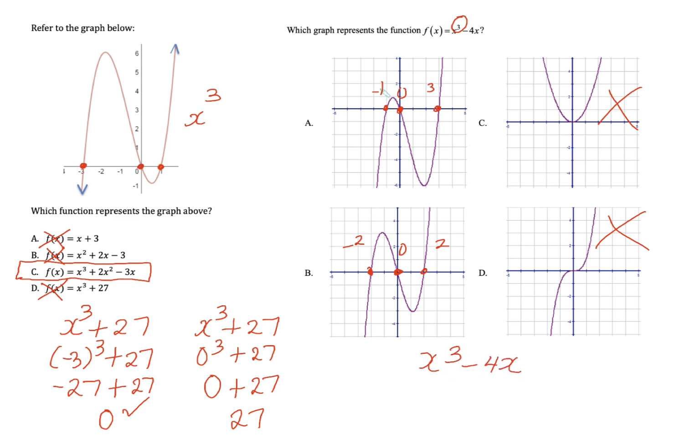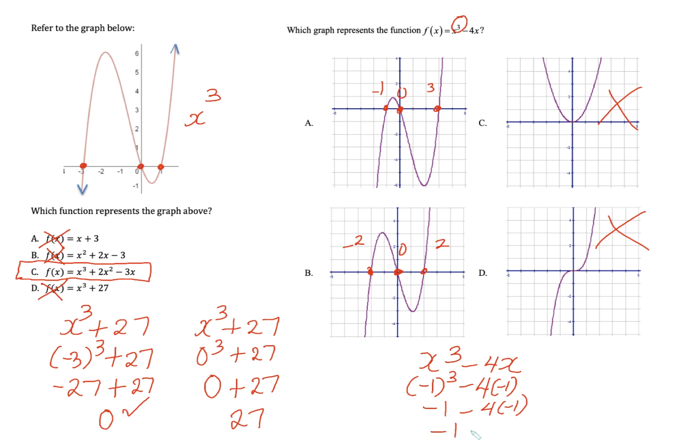I'm going to start with A. So wherever I see x, I'm going to plug in negative 1, and I'm hoping to get, you got it right, 0. So this is negative 1 to the third minus 4 times negative 1. Negative 1 to the third is negative 1 minus 4 times negative 1. Now I can tell from this that I will not get 0.